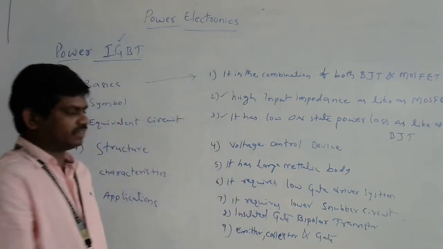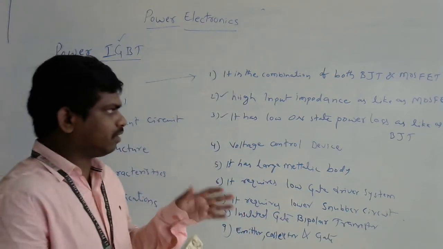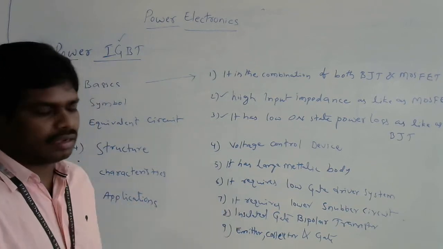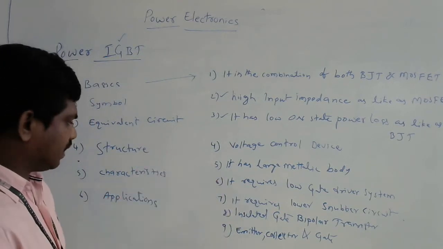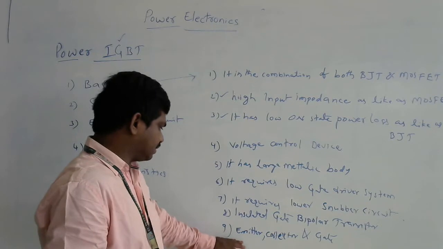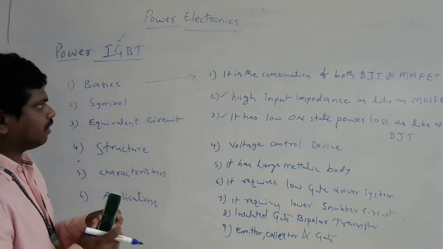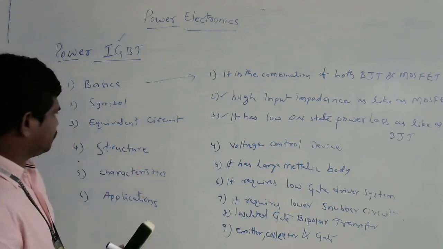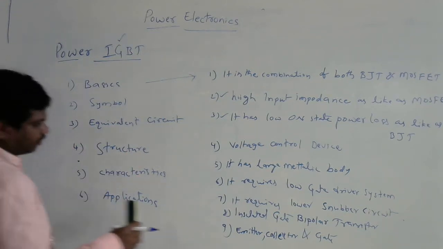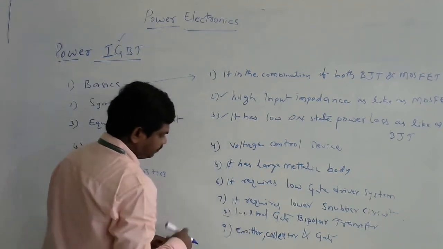Unlike the MOSFET, for this combination of BJT and MOSFET, based on its equivalent circuit, we get the different terminals as emitter, collector, and gate. These are the few points that we have to remember regarding this power IGBT. Next, we will see the symbol.